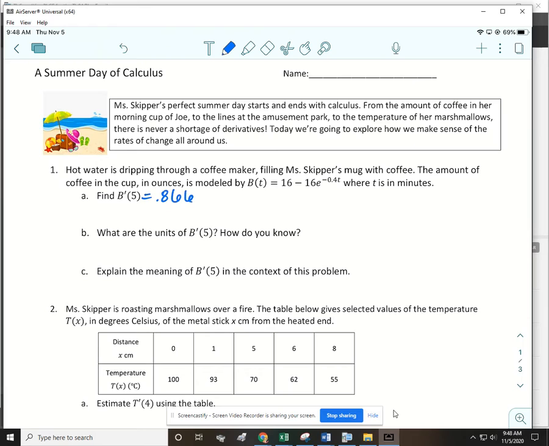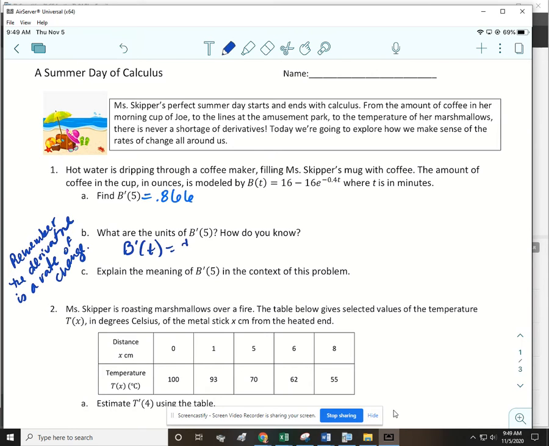Okay, and so B asks, what are the units of B prime of 5, and how do you know that? So there are some important things that I need you all to always remember about the derivative, and one of those is to remember the derivative is a rate of change. All right. And then also don't forget the Leibniz way of writing a derivative.